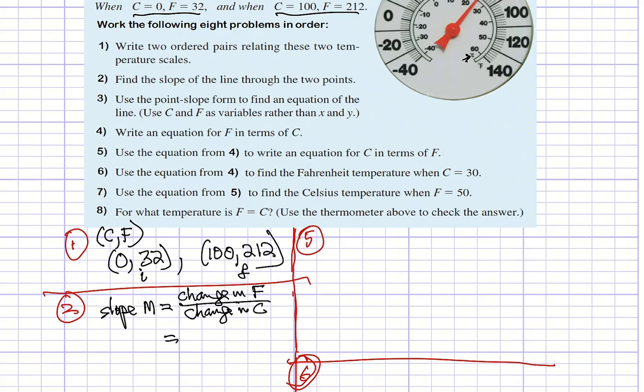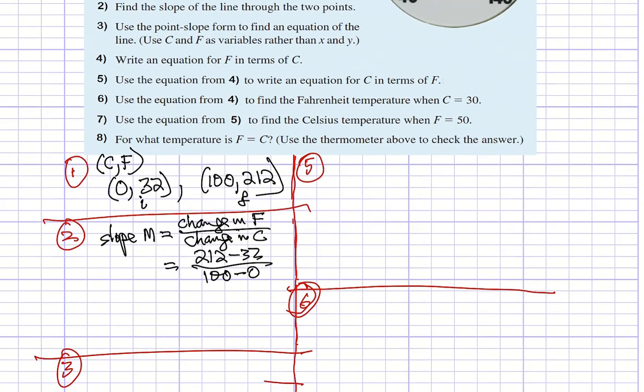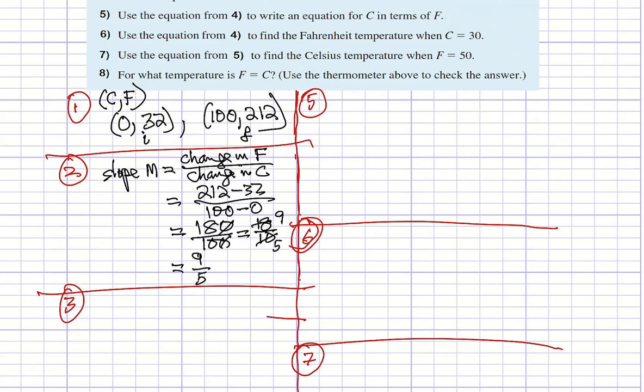So change in Fahrenheit is 212 minus 32. Change in Celsius is 100 minus 0. If you work that out, it's 180 over 100. This crosses out, then it's 18 over 10. Divide this by 2, you get 5. Divide this by 2, you get 9. So it's 9 over 5. Let's work with fractions, not with decimals. So we got the slope right there.